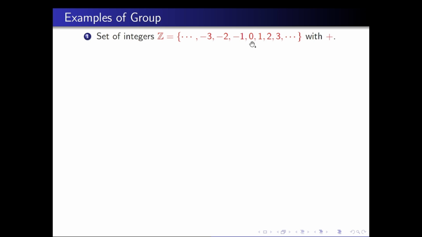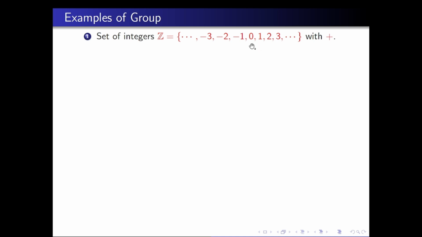Identity element 0 is there with respect to addition, meaning if we add any integer with 0, we get that integer only. And the inverse of each integer is present in the set of integers. The inverse of 1 is minus 1 because the addition of 1 and minus 1 is 0.